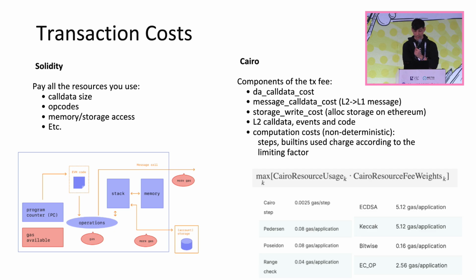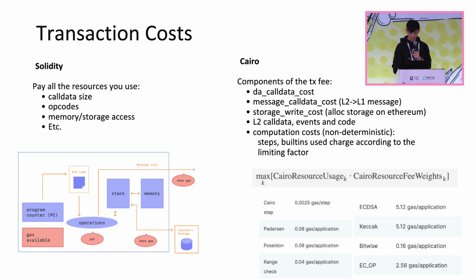There's also the storage write cost, which is the fee for writing onto the Ethereum storage. And since StarkNet 0.13.1, there's also this L2 data cost, which is a per byte cost for call data, events and code.